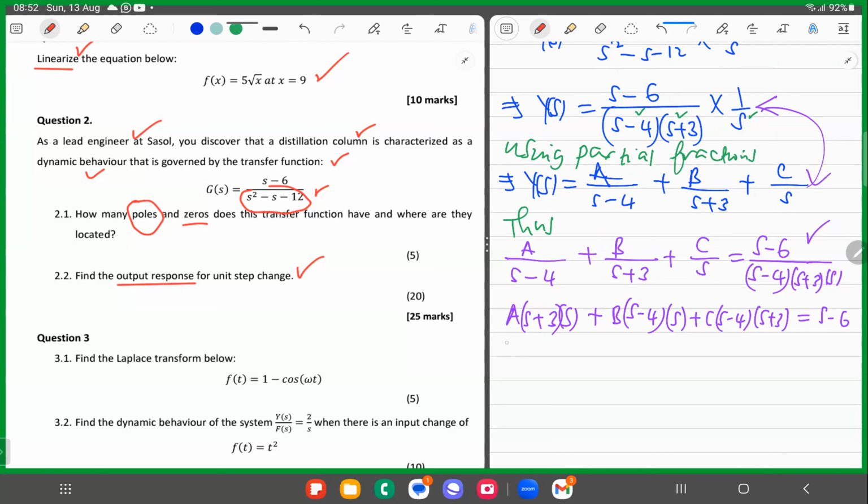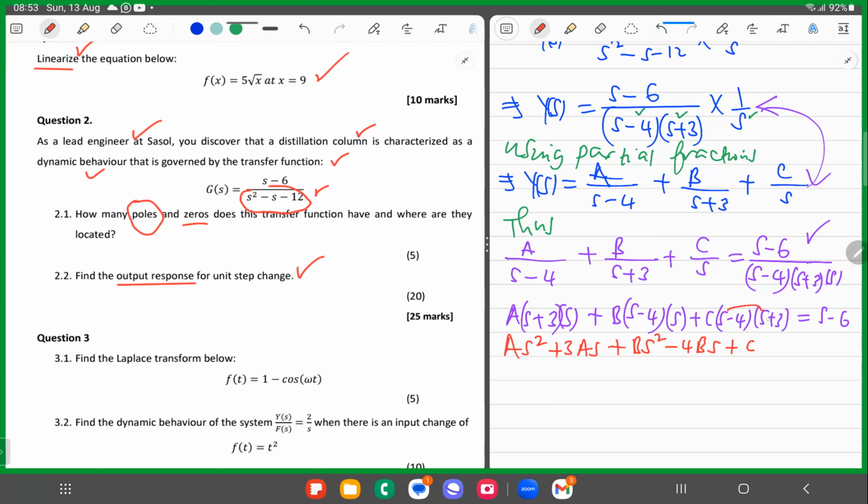Right, so here you multiply out, so it's going to be A S squared plus 3AS plus B S squared minus 4BS plus C. Okay, we're multiplying out here.